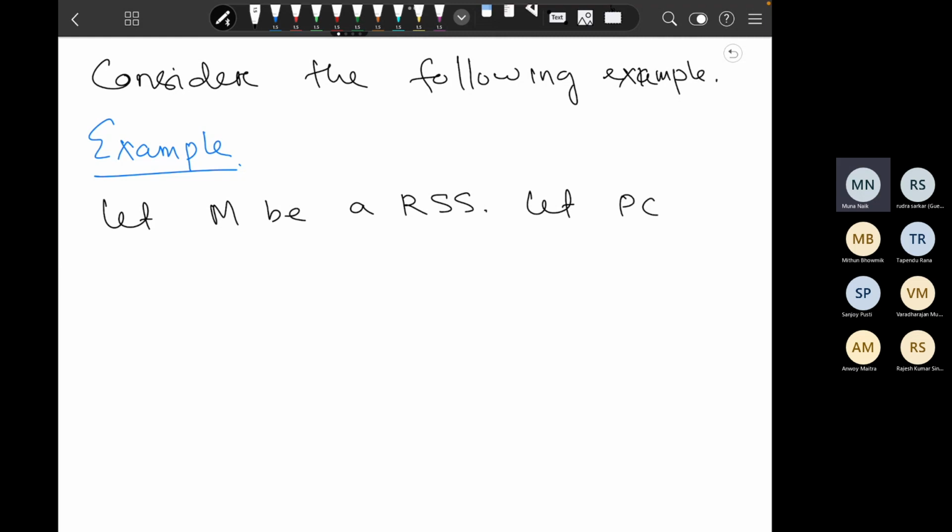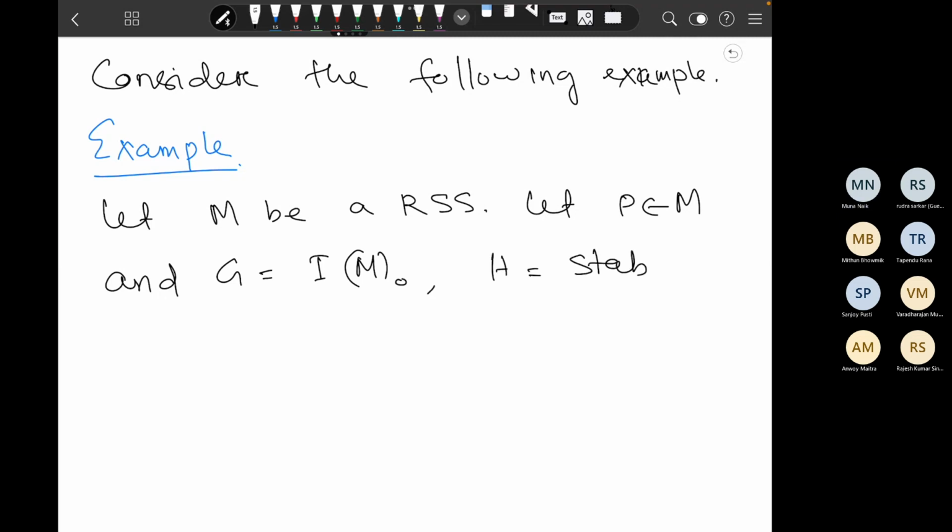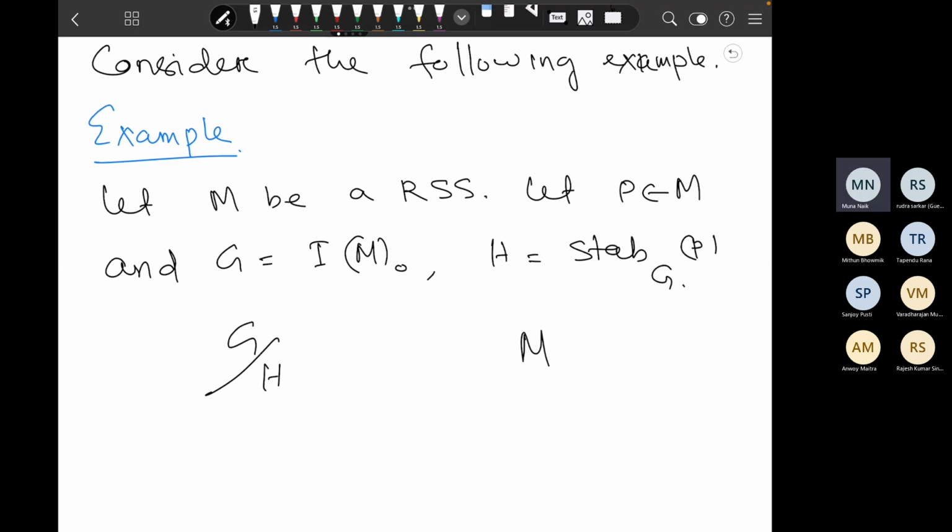Let p belong to M and G equal to I(M) naught, and H equal to the stabilizer in G of p. So we know that M is isomorphic to G mod H. And what is the isomorphism?